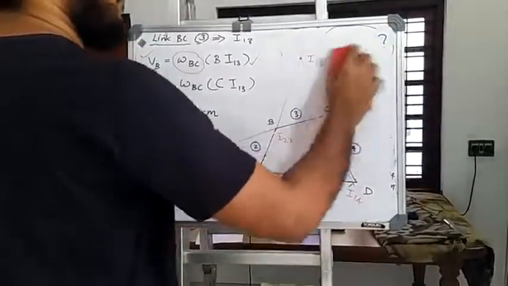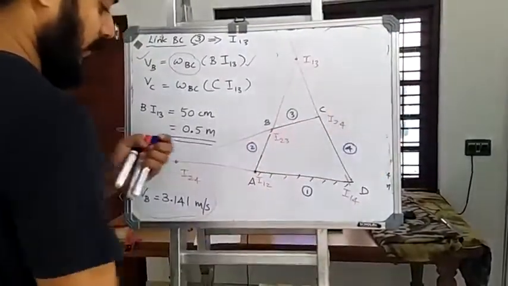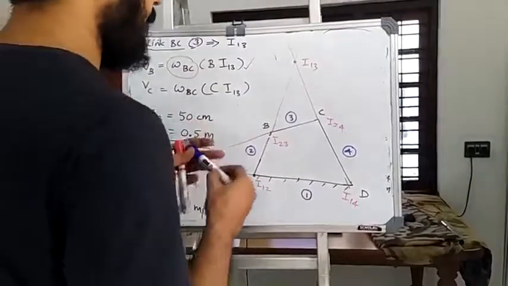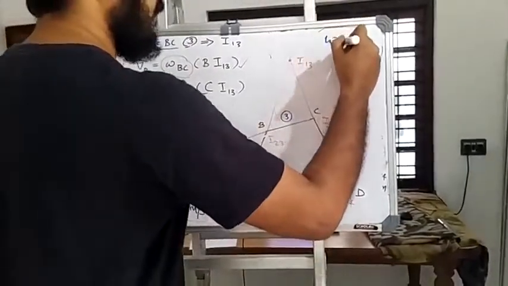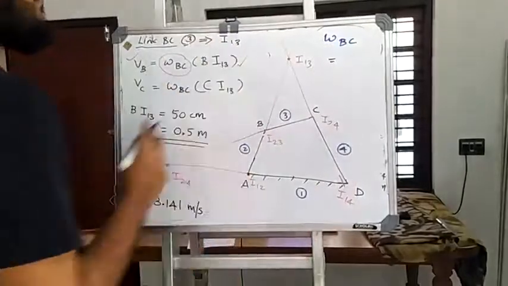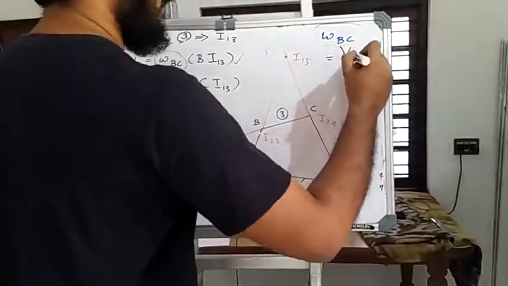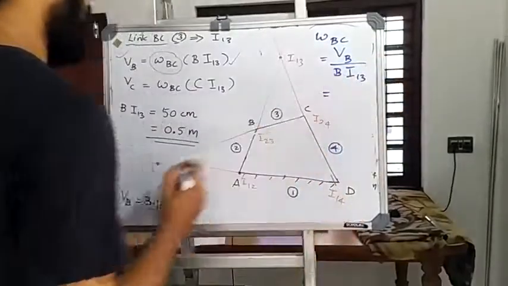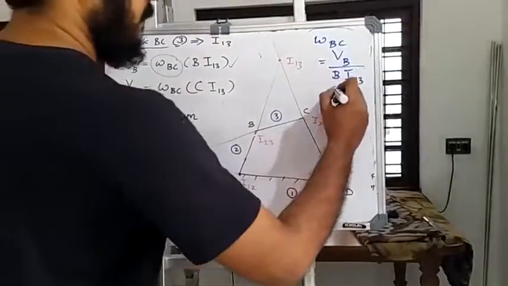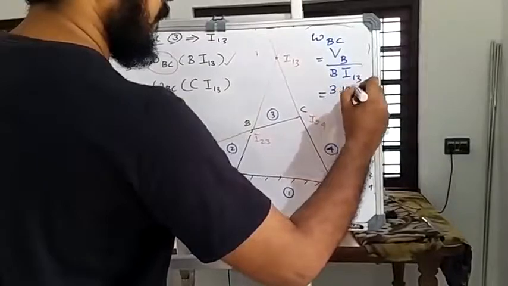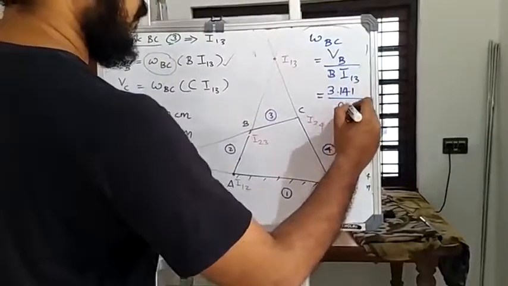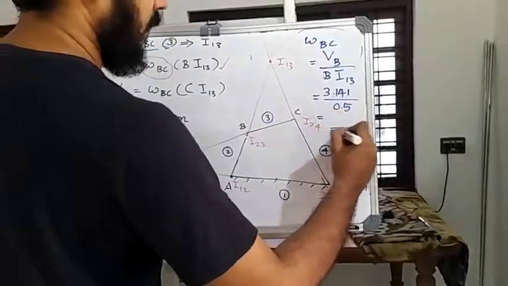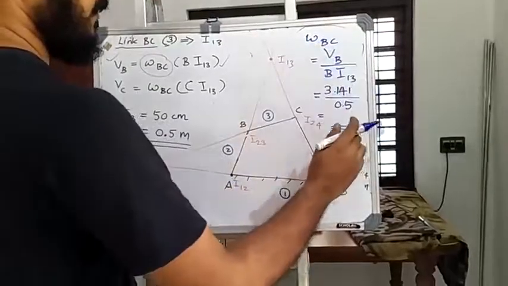Hence, we can find out omega BC from this equation. How can you find out omega BC? VB divided by BI13, which is equal to 3.141 divided by 0.5, and you will obtain a value of omega BC.